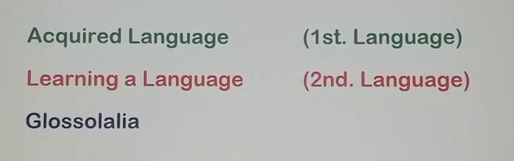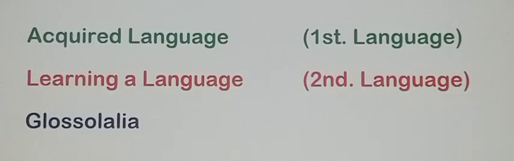What is acquired language? Acquired language, or language acquisition, is a natural way of learning our mother language from our parents. And it is also called first language or mother tongue. Language acquisition is a subconscious or involuntary way of learning language in which a person does not focus on its grammatical structure.